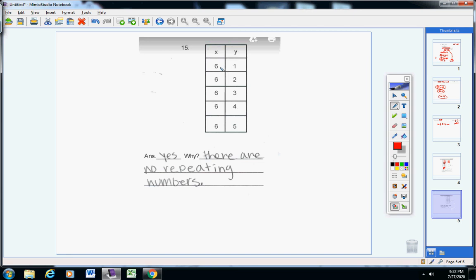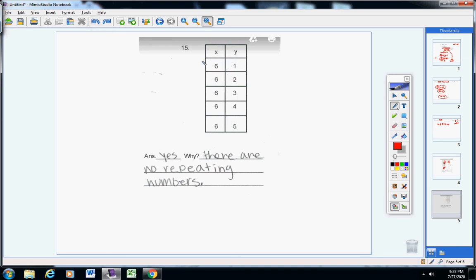Look, 6 gave you out what? 1. And then what did 6 give you out again? 2. So right there, you can stop. It fails. Anytime your inputs give you out more than one output, then it fails.